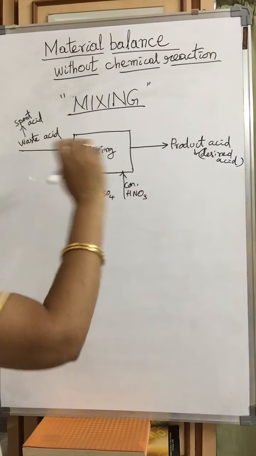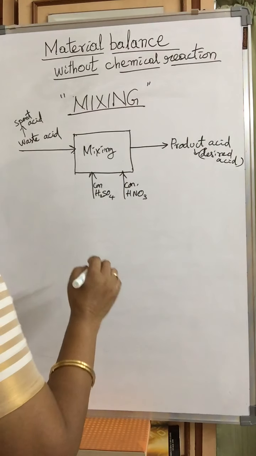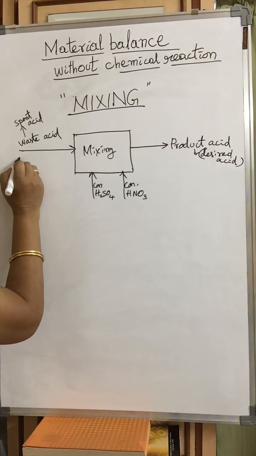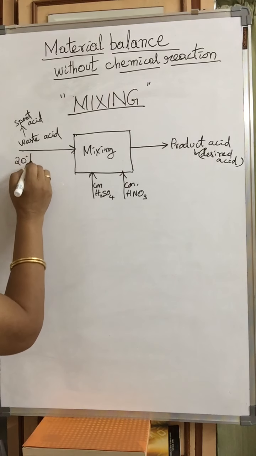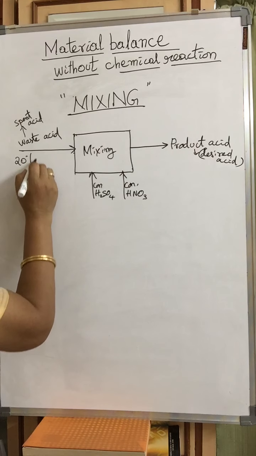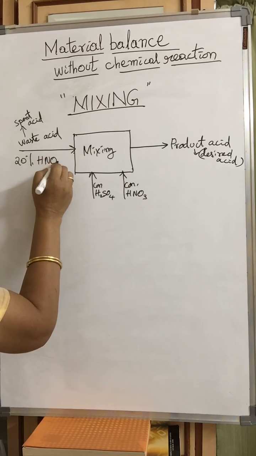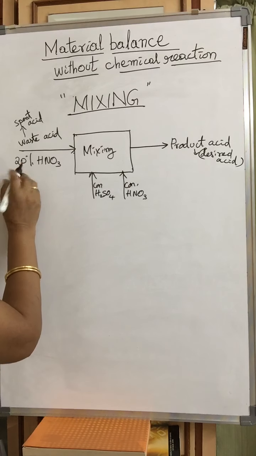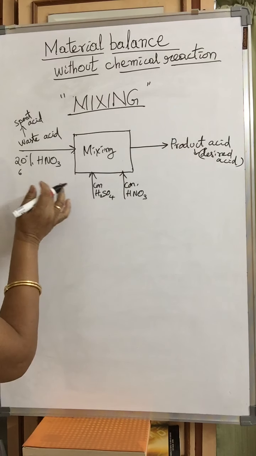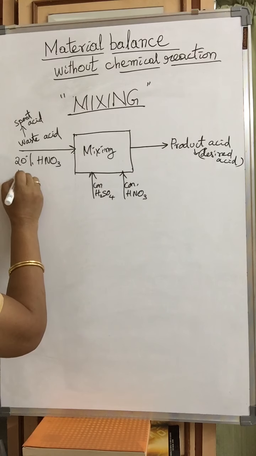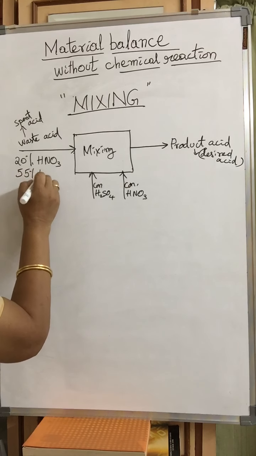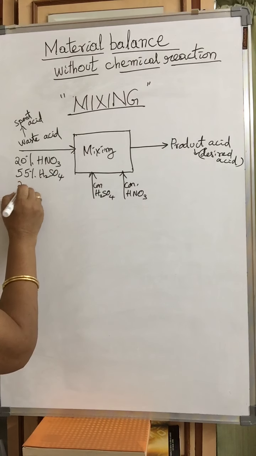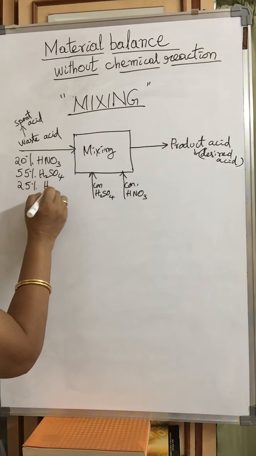Okay, like this. Now what compositions are given? This waste acid contains 20% HNO3, then 55% H2SO4, and then 25% water.